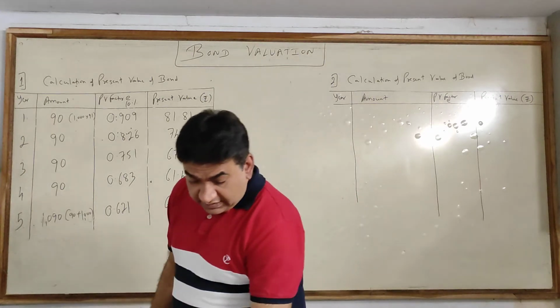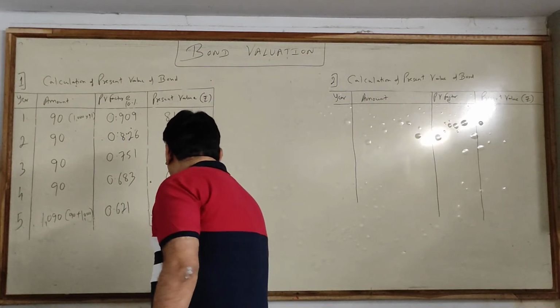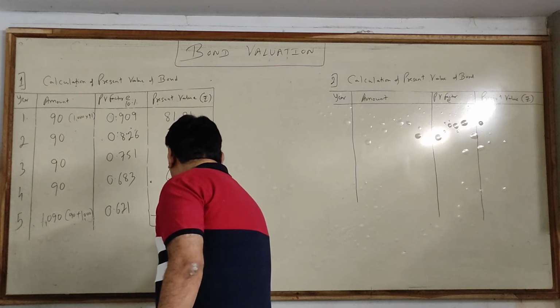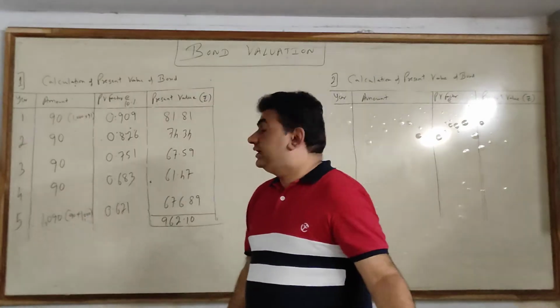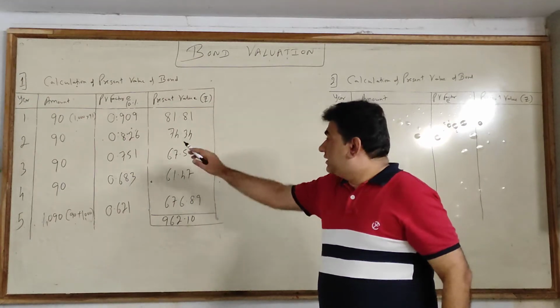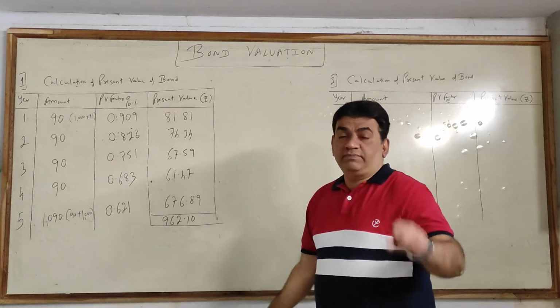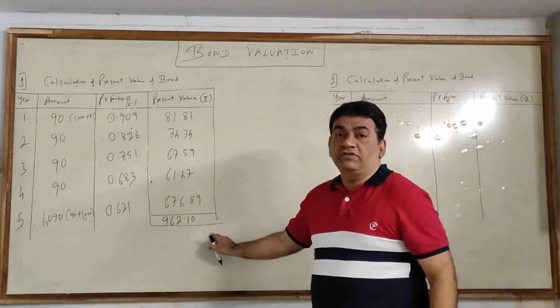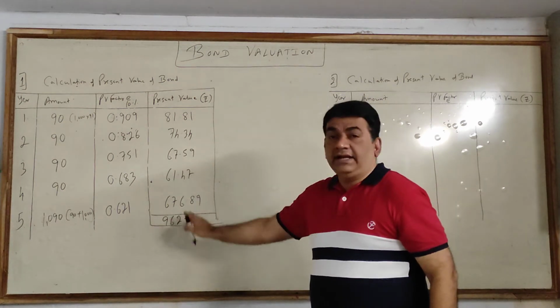Now, take the total of the last column. 962.10. Those who know how to use the memory key, keep on pressing M plus. After getting all the 5 figures, just press MRC, the total will come automatically. Those who are confused, don't worry, do it normally and write the totals.